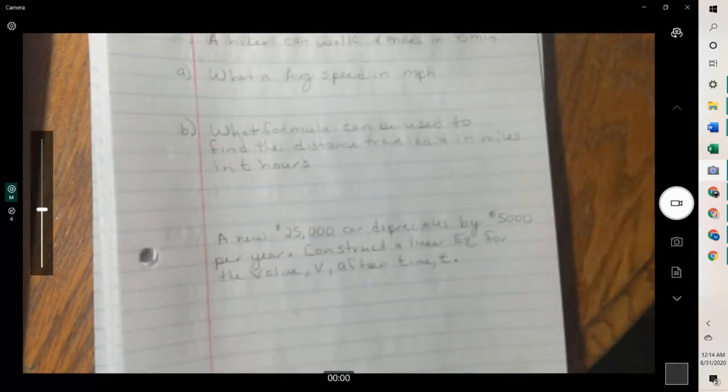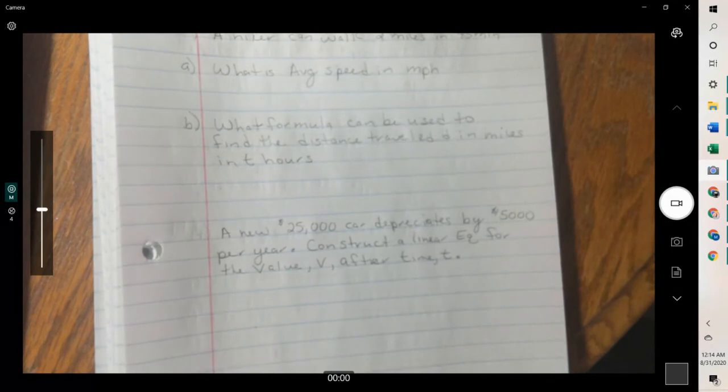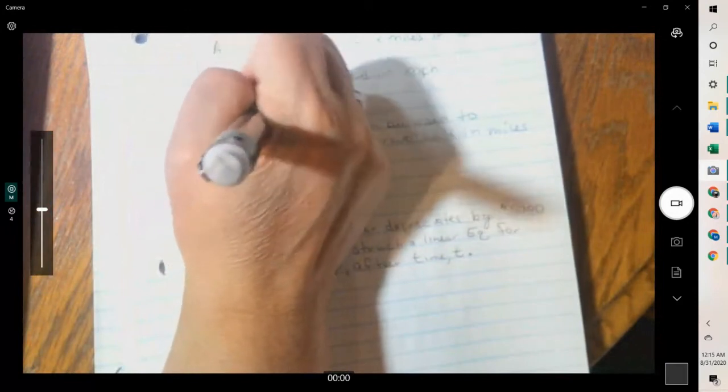Okay. A few more working with rates of change. A hiker can walk 2 miles in 45 minutes. What is the average speed in miles per hour? So they can go 2 miles in 45 minutes.